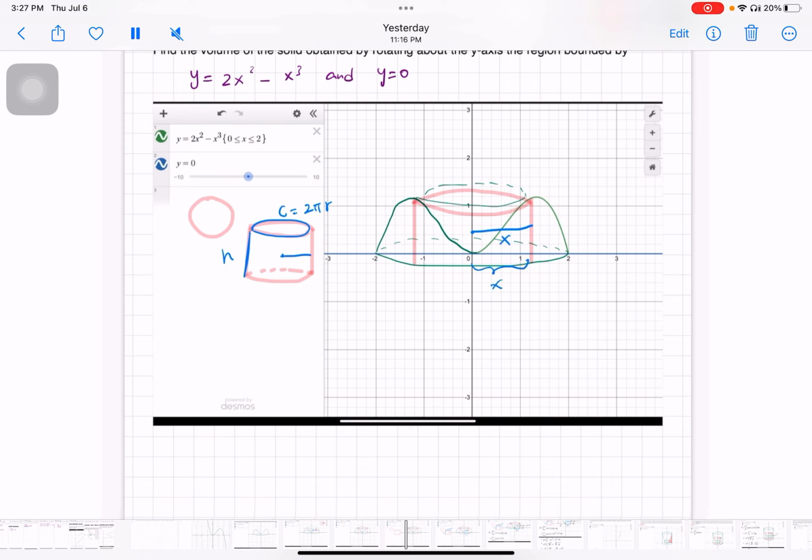From this picture, our radius for this problem is x. The next value we need to find is the h.